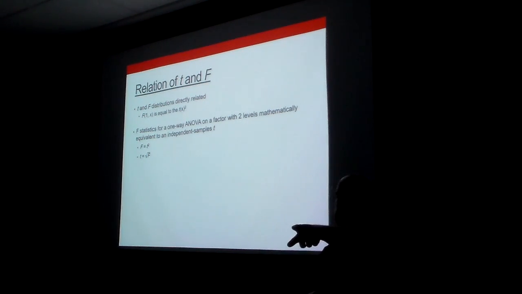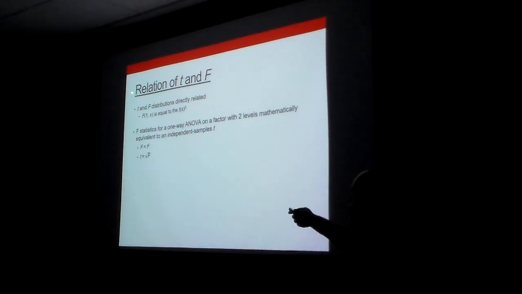Yeah, how do you know that? Because the denominator is the error. Yeah, the denominator is error, and how do we calculate our degrees of freedom for the numerator, or degrees of freedom between? It's the number of levels of my factor minus 1. And so if my degree of freedom in my numerator is 1, how many groups does that tell me I had?